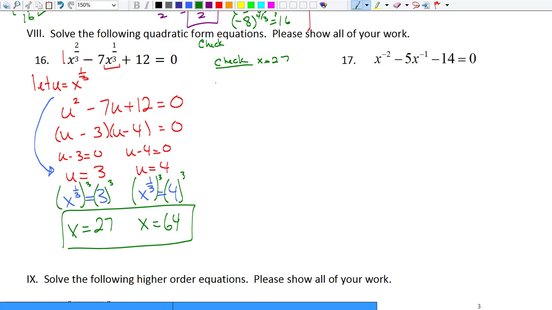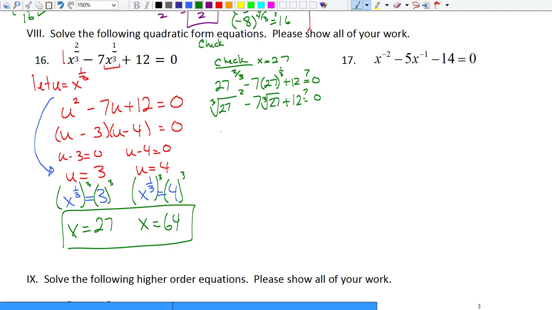So when I plug in 27, I'm getting 27 to the 2/3 minus 7 times 27 to the 1/3 plus 12 is supposedly equal to 0. So 27 to the 2/3, that's the cube root of 27 squared, minus 7 times the cube root of 27.